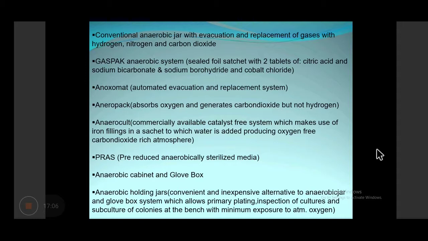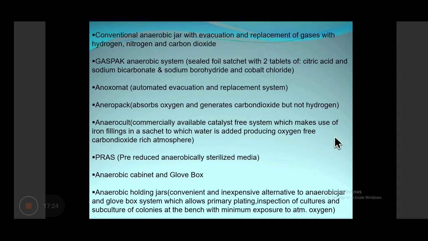Anoxomat uses an automated evacuation and replacement system technique. And Anaeropac absorbs the oxygen. Here, the oxygen is absorbed and carbon dioxide is generated, but not hydrogen.